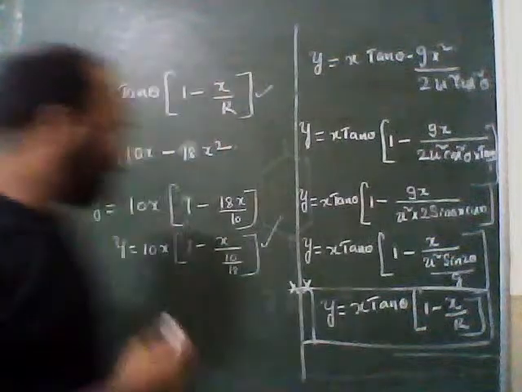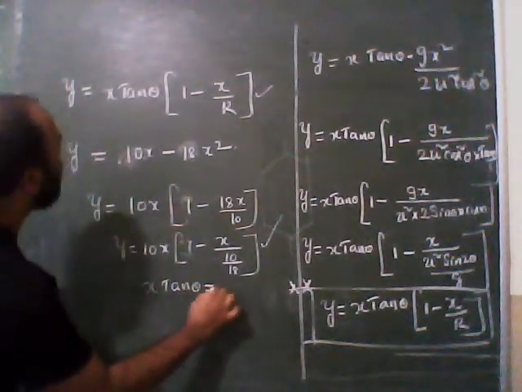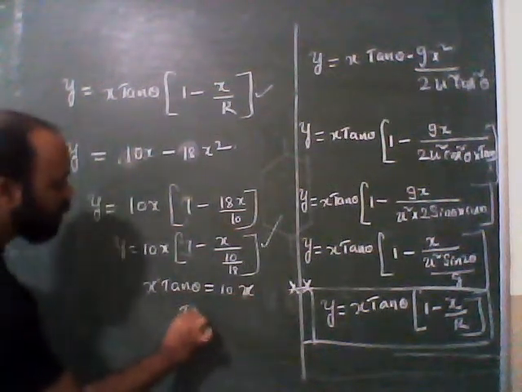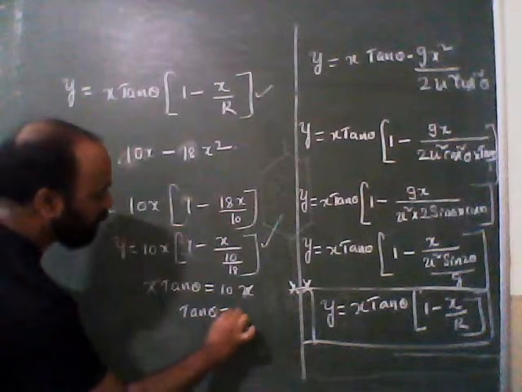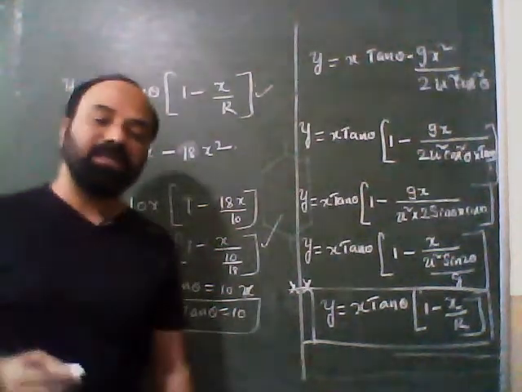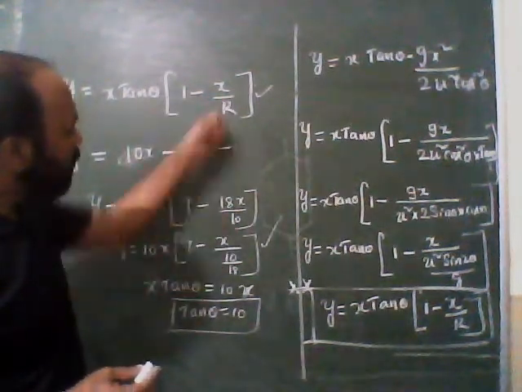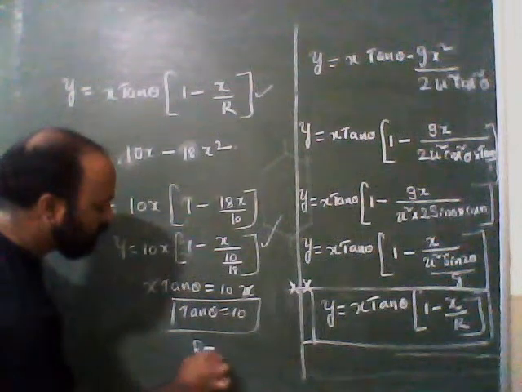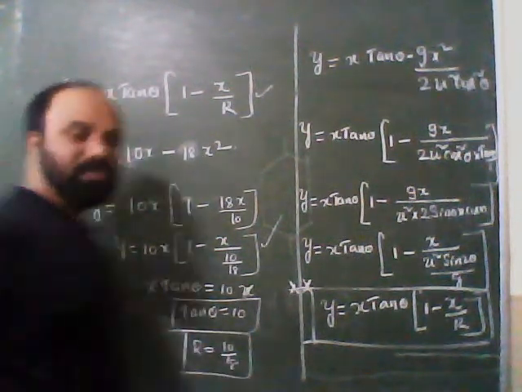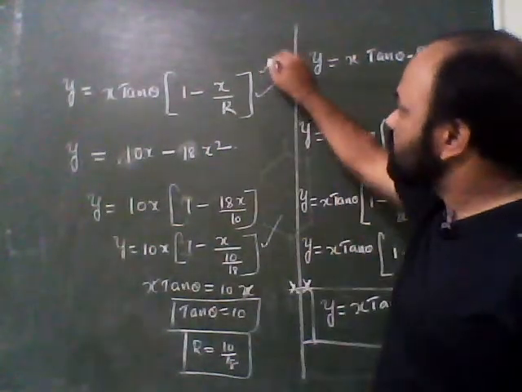If they ask the angle, tan theta is equal to 10, then theta is equal to tan inverse 10. Similarly, comparing the range value, if they ask, range is equal to 10 by 18. This is the way we can solve the problem by using this equation.